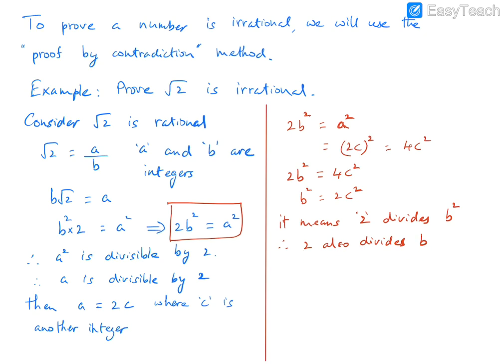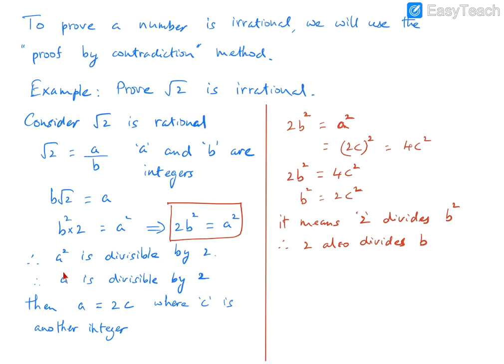Now what we are noticing is that b is divisible by 2, and we had earlier seen that a is also divisible by 2. And this is a contradiction, because when we started off writing the square root of 2 in the form of a by b, we had considered that a and b are integers with no common factors between them other than the number 1.